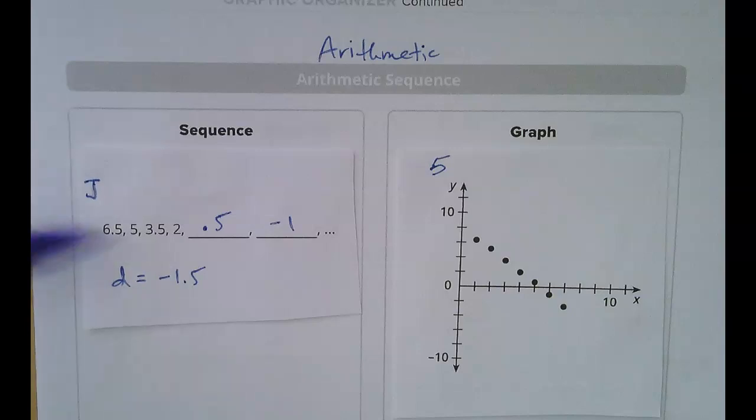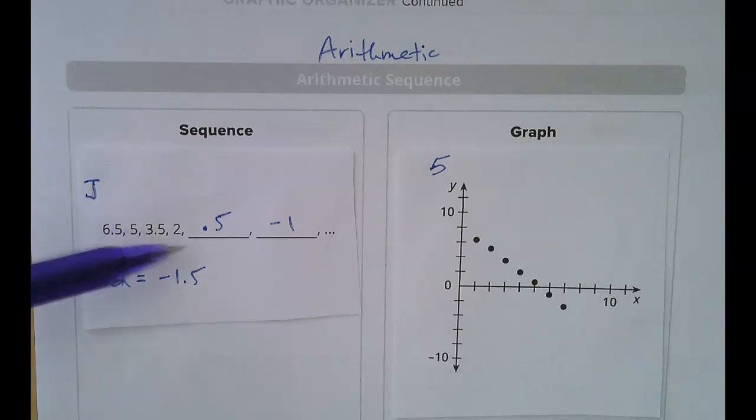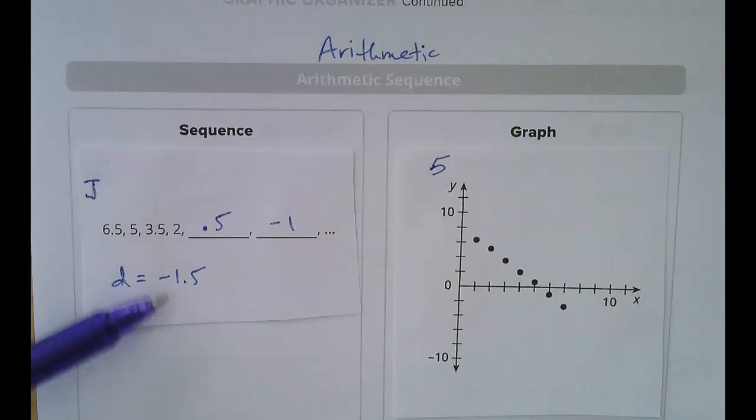So for arithmetic sequences, they change by addition. In this case, we are adding negative 1.5 each time, which is the same as saying subtracting 1.5 each time. So our common difference is negative 1.5.